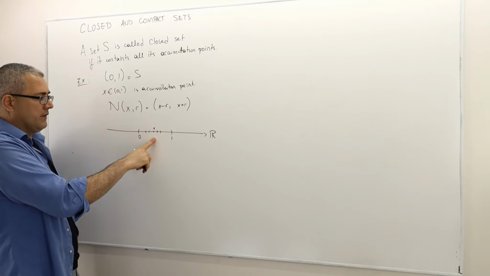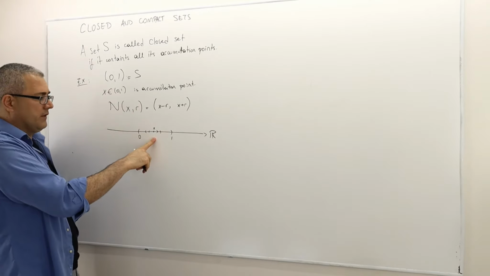All right, so how so? Consider the r neighborhood of 0. This is nothing but (0 minus r, 0 plus r), or equivalently the open interval (minus r, plus r).